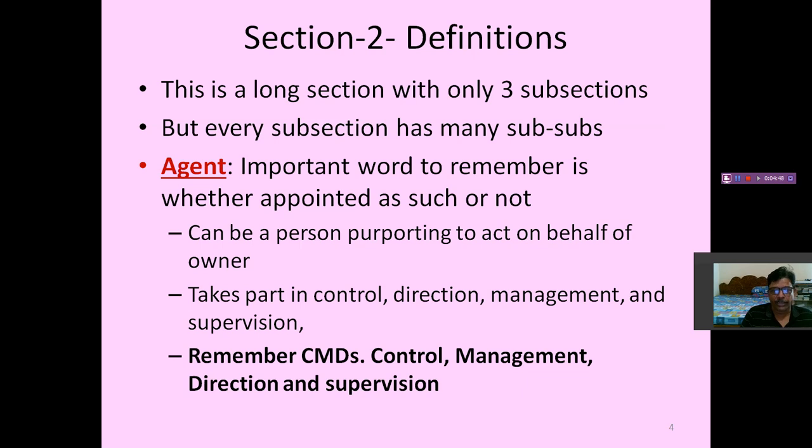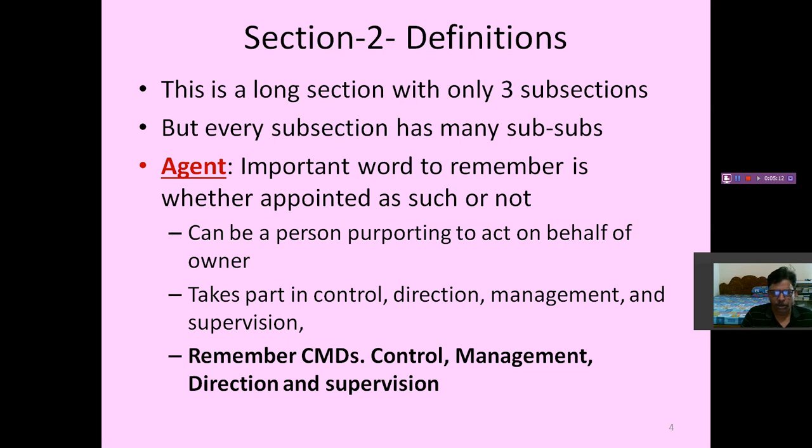Purporting means he is acting on his behalf. The agent is a person who is nominated by the owner, or he can be appointed, or the owner himself can be agent, and an agent does not have a specific appointment. Okay, he is a person either nominated or purported on behalf of the owner.